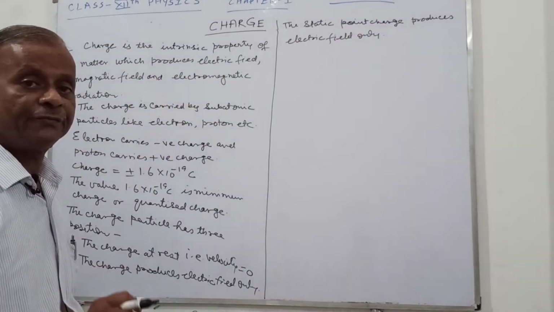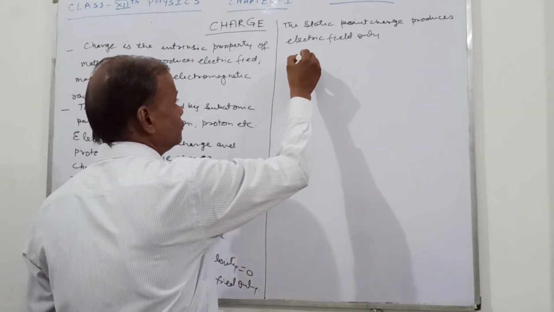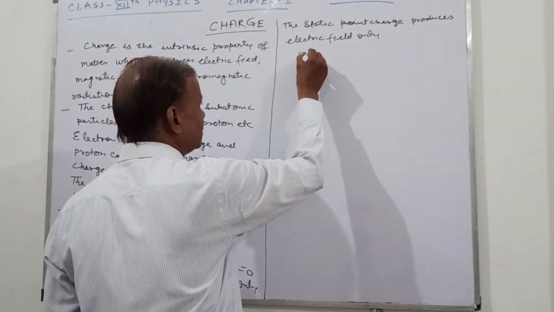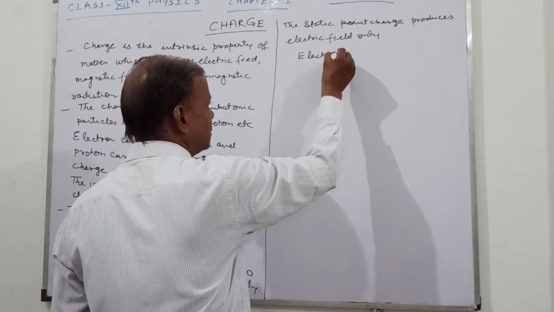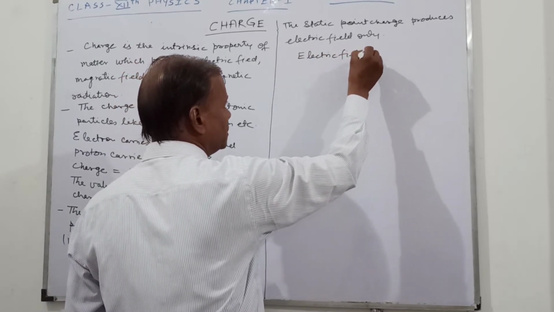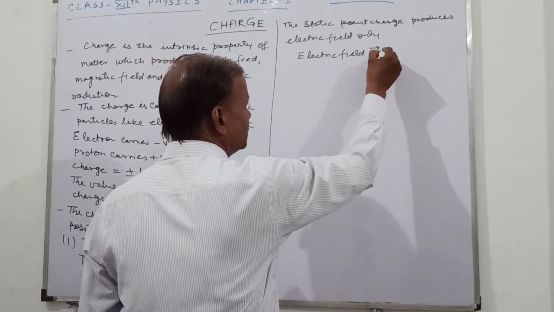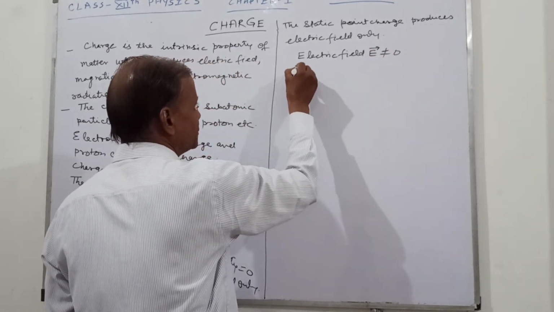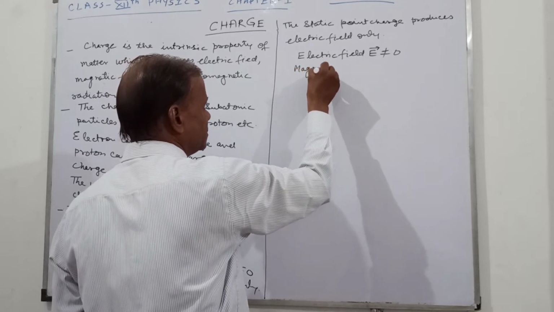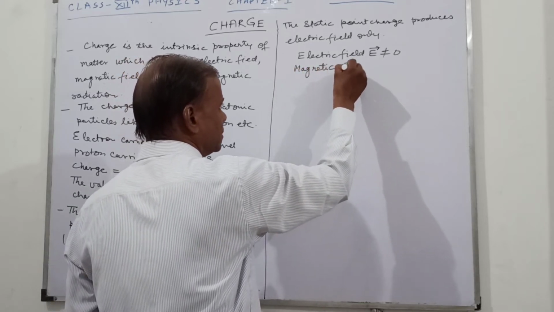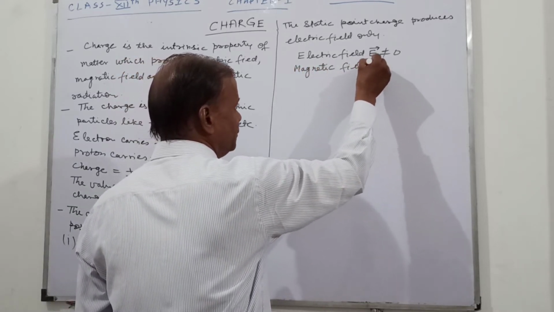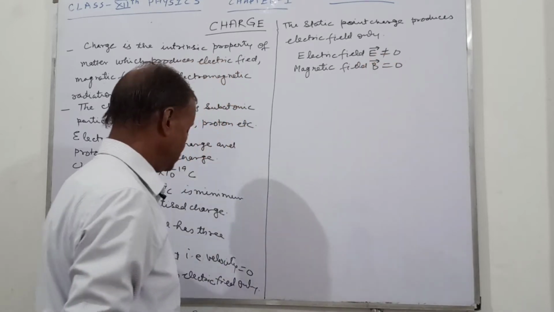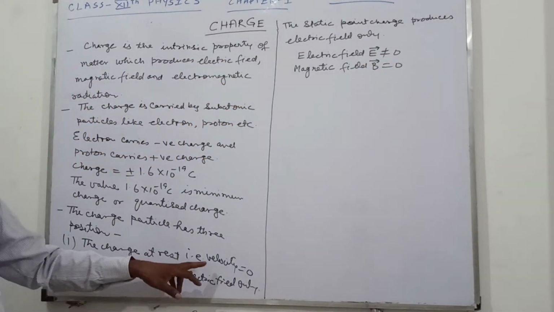So there is no magnetic field. So what we have is this electric field E, which is not equal to 0, and this magnetic field B, which is equal to 0. This is when the charge is at rest.